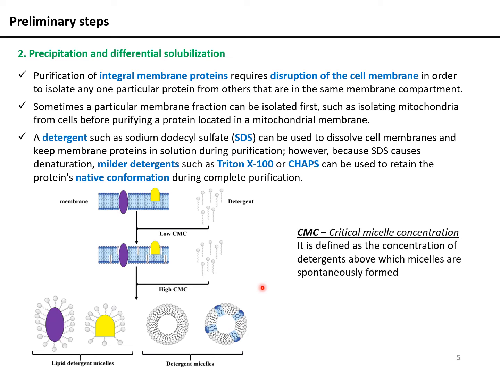So what is CMC? CMC is the critical micelle concentration. It is defined as the concentration of detergent above which micelles are spontaneously formed. So this is your micelle. CMC is the concentration beyond which such micelle formation occurs spontaneously.